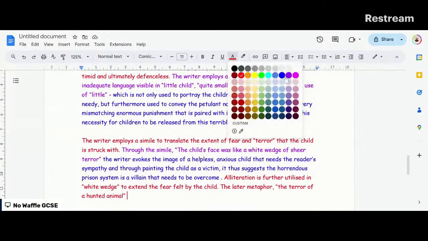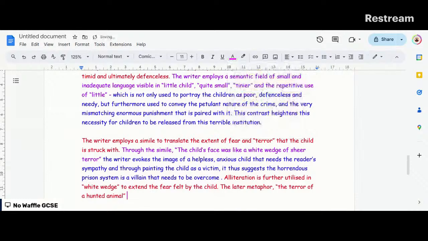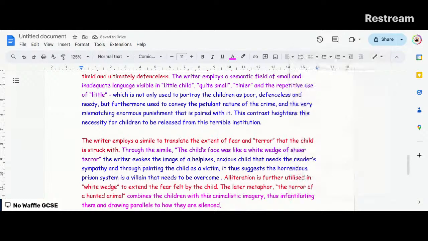Since that's a quote, we'll change colors here, and we can say employs or parallels, combines the children with this animalistic imagery, thus infantilizing them and, as we were speaking about before, drawing parallels to how they are silenced and abused by adults and the prison system.